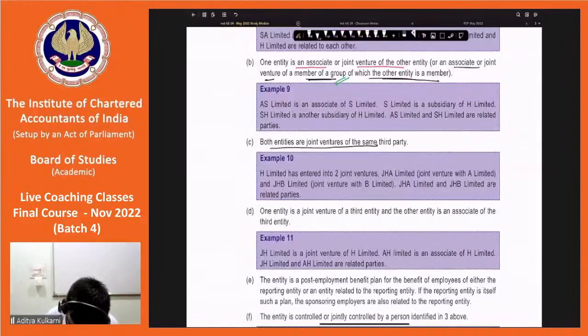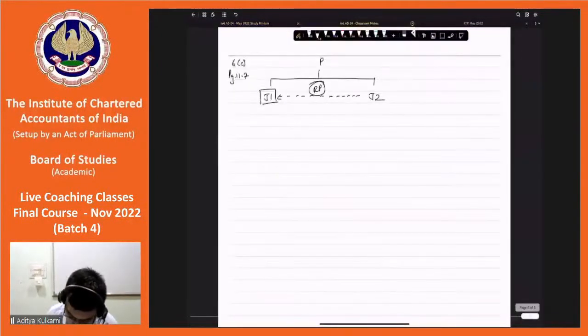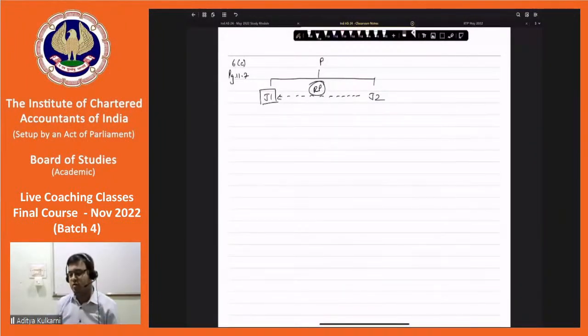C. What does clause C tell us? 6C tells us they are related if both the entities are joint ventures of the same third party. So J1 is a joint venture of P. J2 is also a joint venture of P. And therefore, J1 and J2 are related to each other.